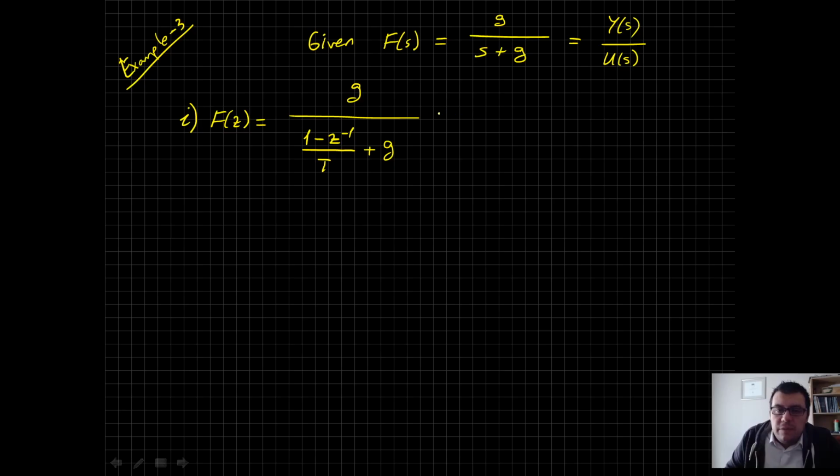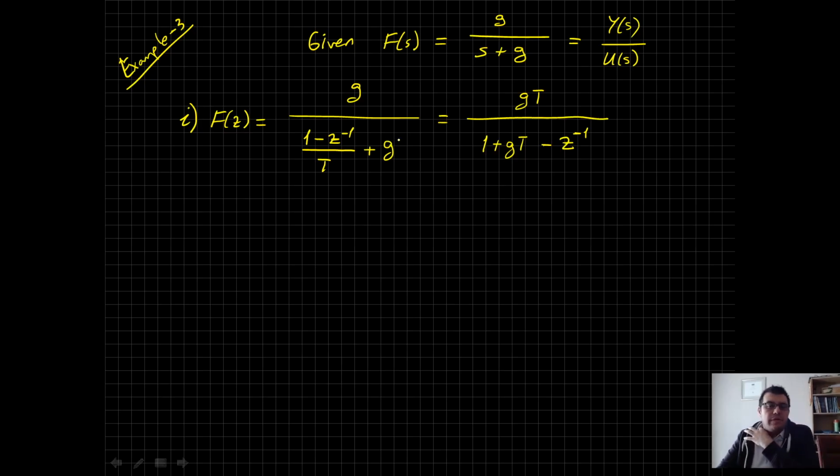Now, if we play with this equation, this is nothing but gt over 1 plus gt minus z^-1. Let me try to pull these here. Gt over this.